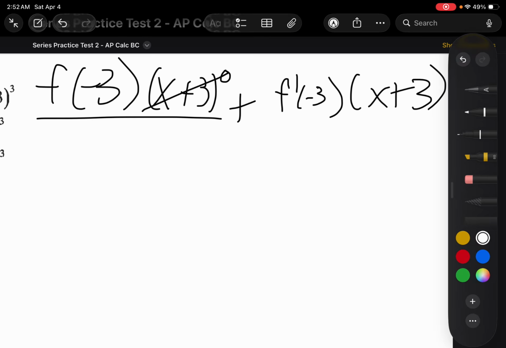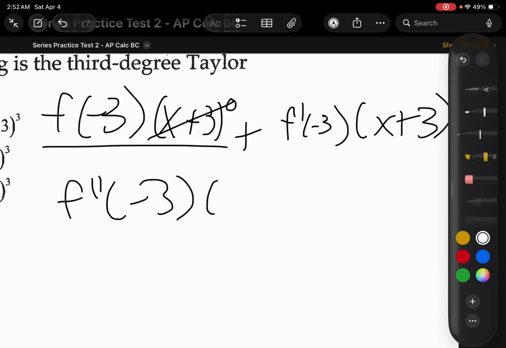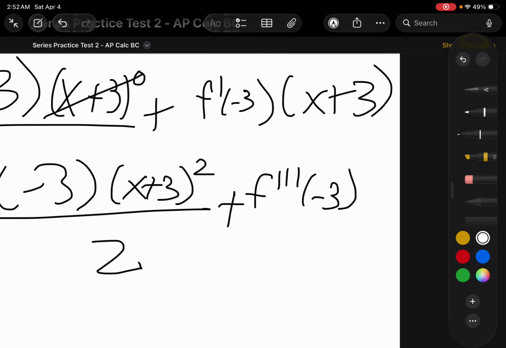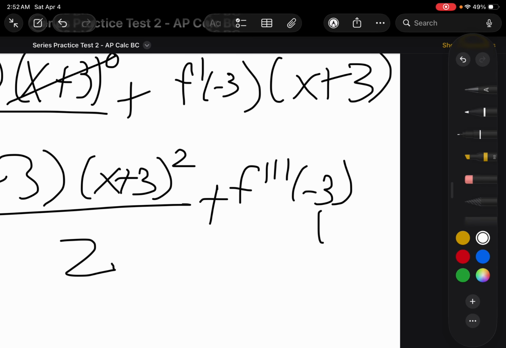Once again, you don't need to put that. f double prime of -3 times x plus 3 squared over 2, plus f triple prime of -3 times, oh my gosh, this is really laggy, x plus 3 cubed over 3 factorial, which is just going to give us 6.